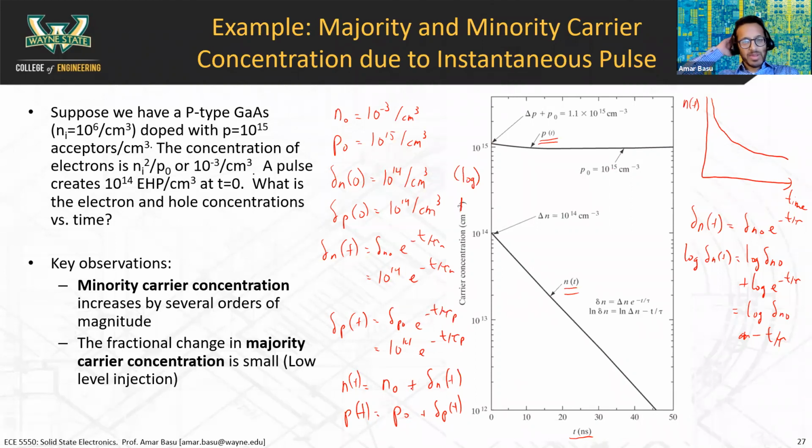I'm sorry, the minority carrier concentration decreases by orders of magnitude over time. The majority carrier concentration basically flattens out at close to 10 to the 15th. So again, there's a lot of interesting things happening with the minority carriers.